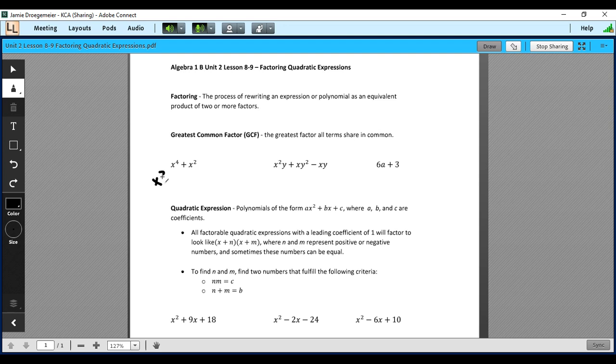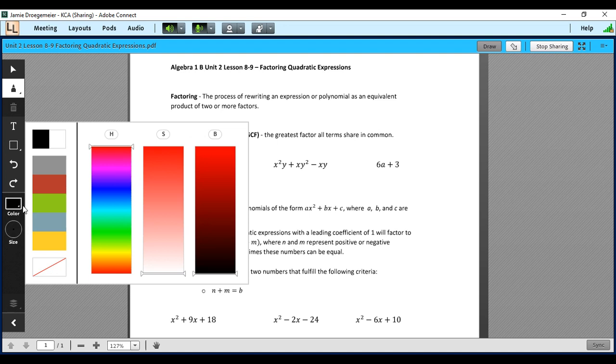And so x squared would be the greatest common factor. To get x to the 4th, I multiply x squared times x squared. To get x squared, I multiply x squared times a positive 1. So the factored form here, I factored out the greatest common factor of x squared, and that becomes x squared times (x squared plus 1).